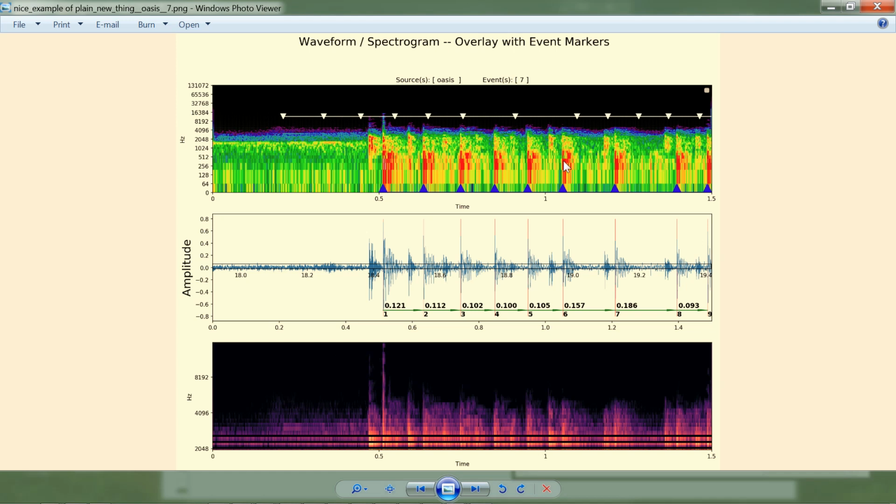And I've laid out a spectrogram, then I imported the muzzle data, and I marked on the spectrogram where the muzzle blasts were, in these little blue triangles. So in this case you can see that these brighter red objects here are the muzzle blasts.